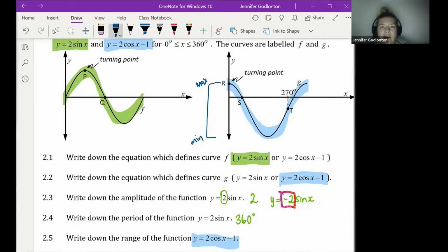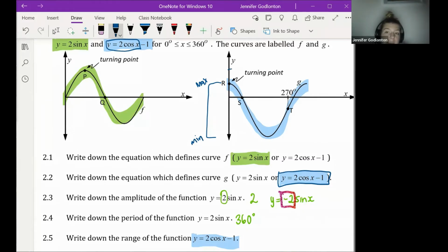Again, if you are feeling comfortable with your calculator, you could easily chuck that into your calculator between 0 and 360, and you'll be able to see what your max is and what your min is. That's something you can definitely do. If you want to think about what your cos graph would look like, we could also do it that way. Let's think about if I had y is equal to 2 cos x, what that would look like.